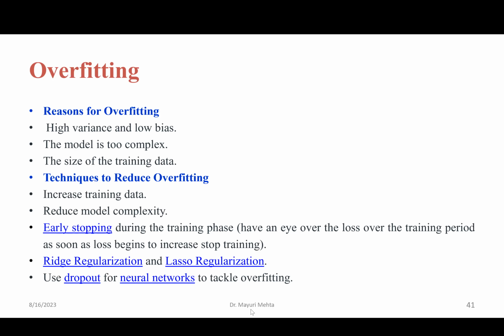Among the several machine learning algorithms, neural networks is one of them, because you can train machines using neural networks also. So dropout can be used for neural networks to tackle overfitting. That is one of the ways to overcome overfitting.